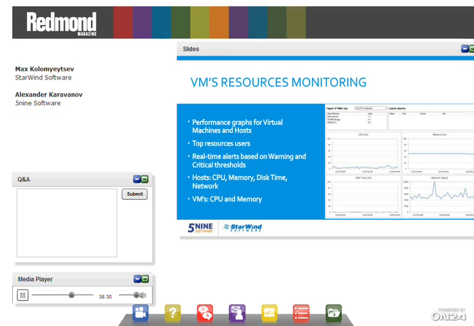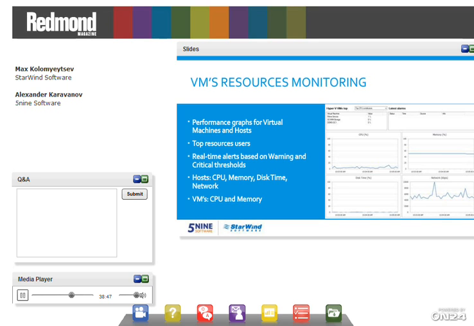So when you get that information, you can start acting immediately to get your performance up. And of course, that results already in a great performance boost within your infrastructure.